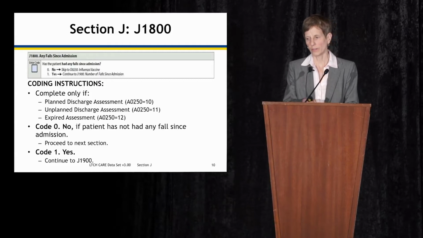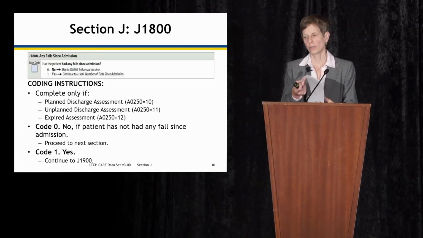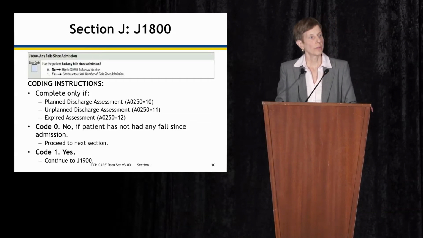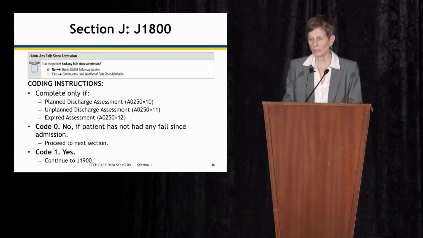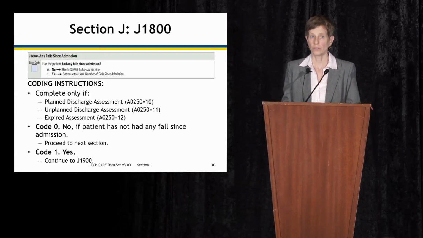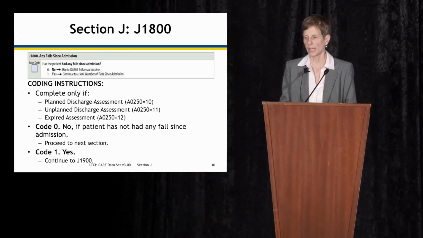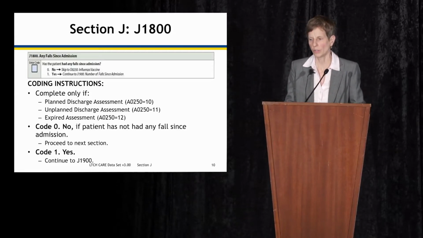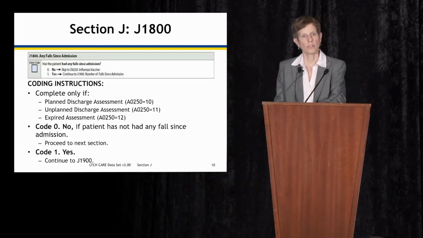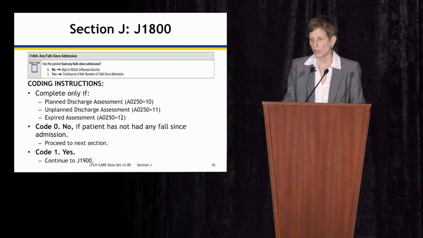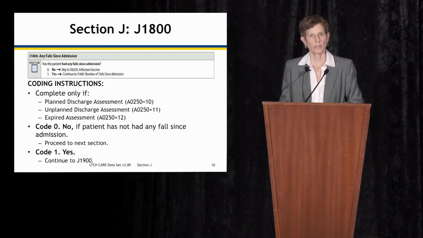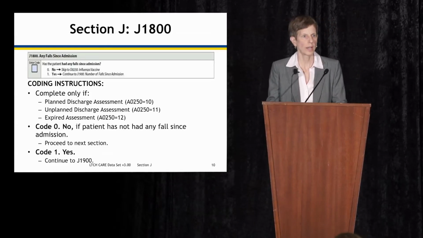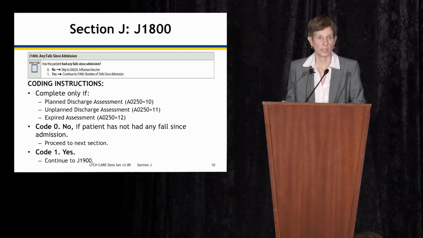Again, the 3 assessments that this will be captured under include planned discharge assessment, unplanned discharge assessment, and expired assessment. And you'll either code 0 or 1, 0 indicating that the patient has not had a fall based on the definition that we just reviewed, or yes, the patient did have a fall. If you code 0, you'll be directed to a skip pattern on the various assessments, and if you code 1, you'll be asked to answer J1900.